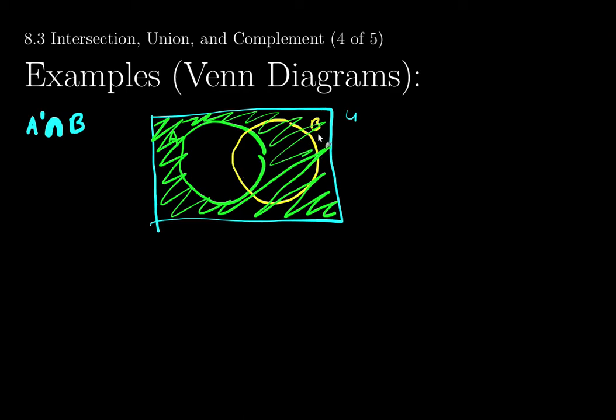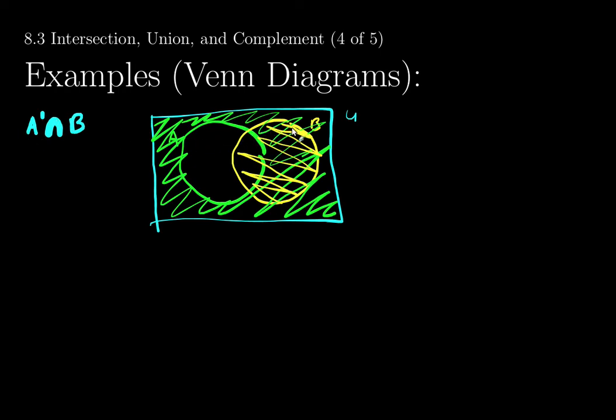B, just regular old B, is everything that's inside this B circle. So that is this. And intersect is everywhere where these two sets meet up, where it covers both of them. So what's in green is A. Oh, sorry. A prime, the complement of A. What's in B, or what's in yellow is in B. What's in the intersection is where it is both.